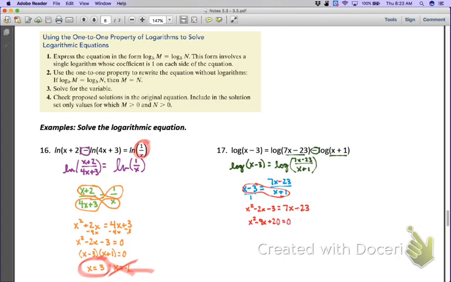Factor out what I have, so x minus 5 and x minus 4. So x is equal to 5 and x is equal to 4. Any of those not work?